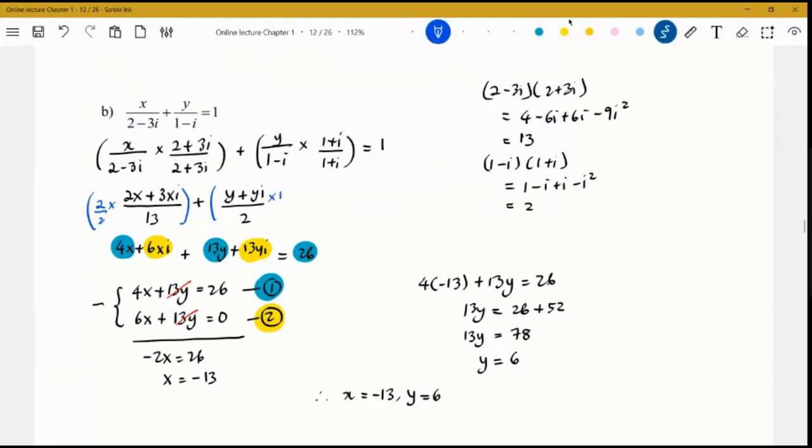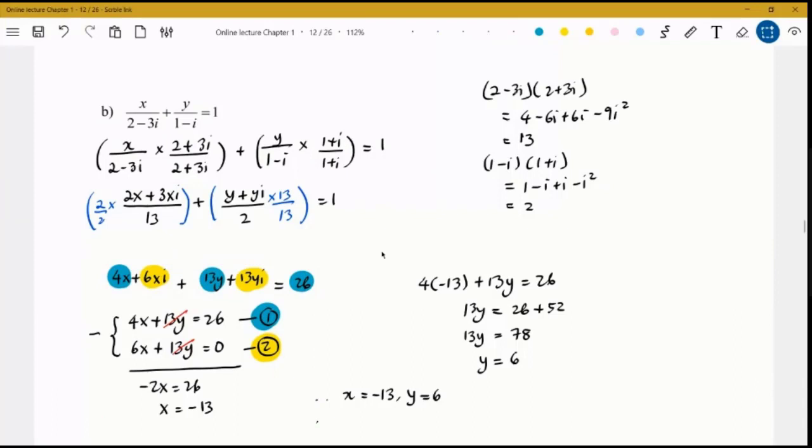Darab 13 per 13 kan? Di sini adalah 1. Okay. So, kalau kita tengok dekat sini adalah 4x plus 6xi over 26 plus 13y plus 13yi over 26 equal to 1.